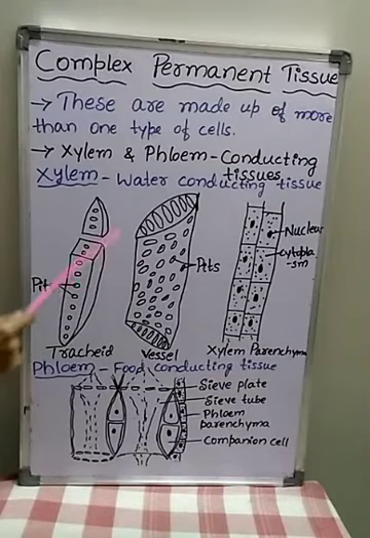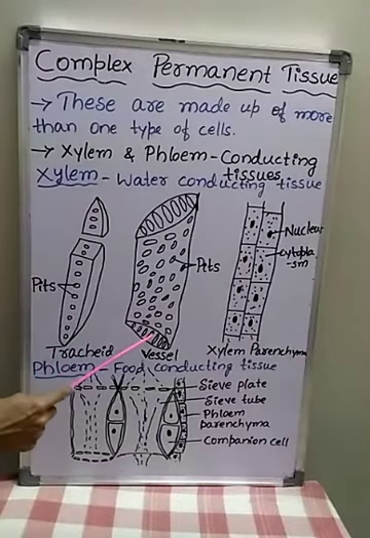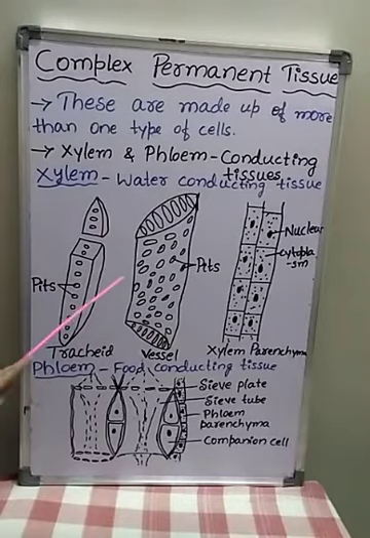They are tube-like, thick-walled cells, and their main function is transport of water and minerals vertically, that is, from root to tip of the plant. These two are the main conducting parts of the xylem.